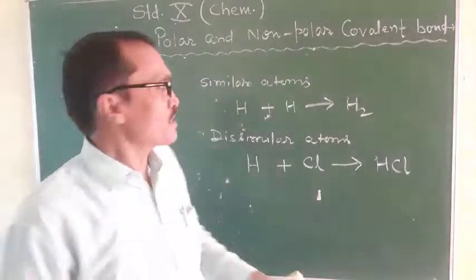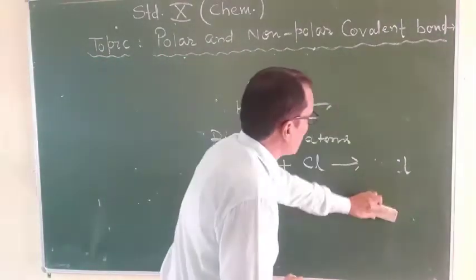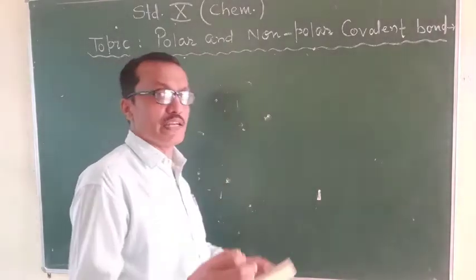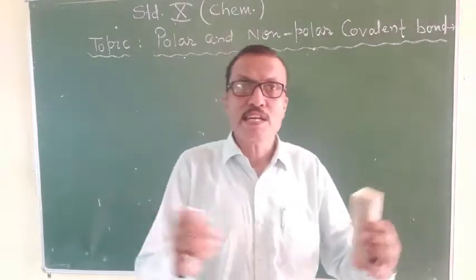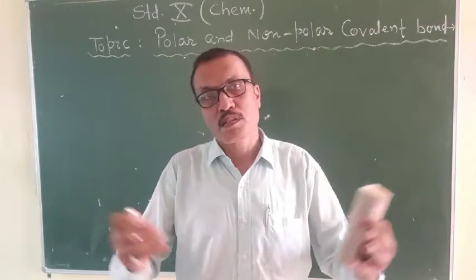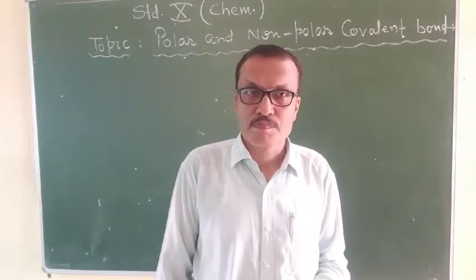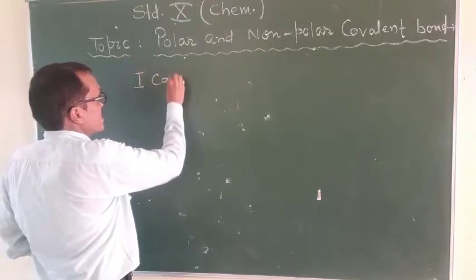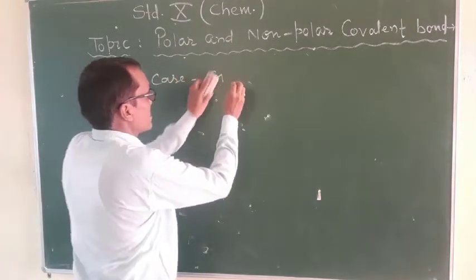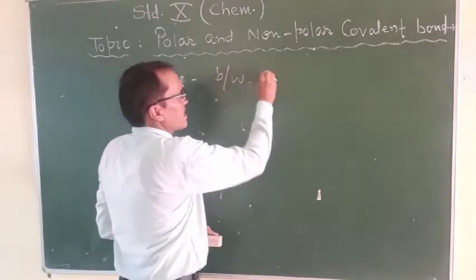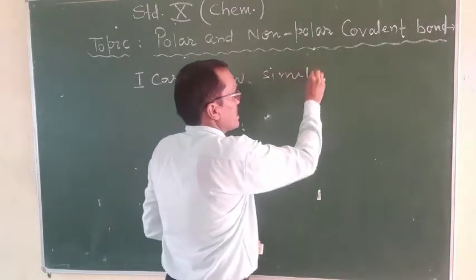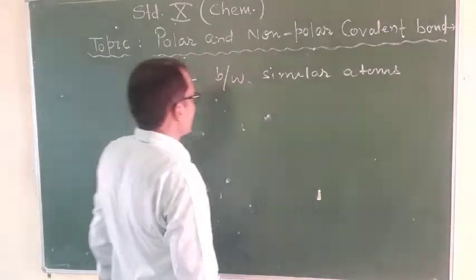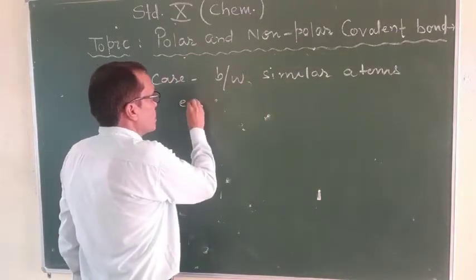Now let us see what happens in case of similar atoms when they react together and form a compound. First case, between similar atoms. For example, let us take chlorine.